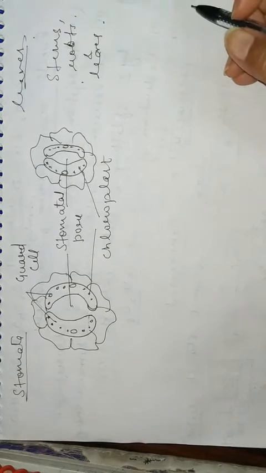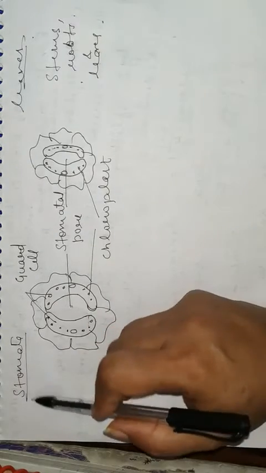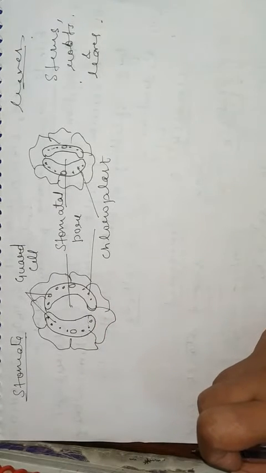Since a large amount of water can also be lost through these stomata, the plant closes these pores when it does not need carbon dioxide and photosynthesis.